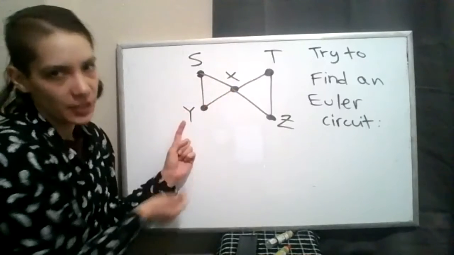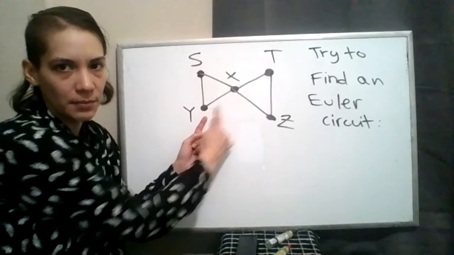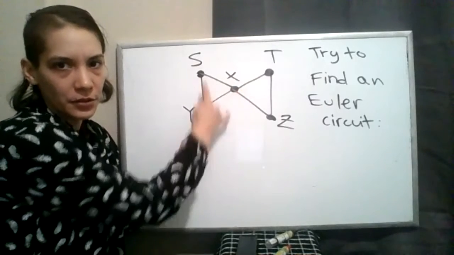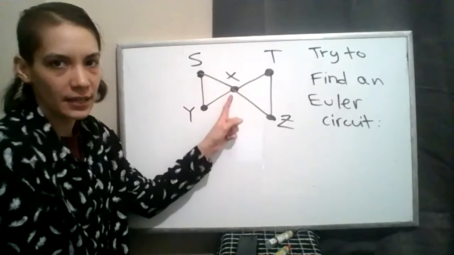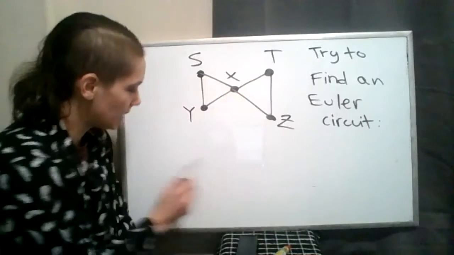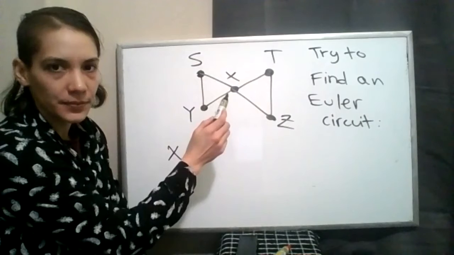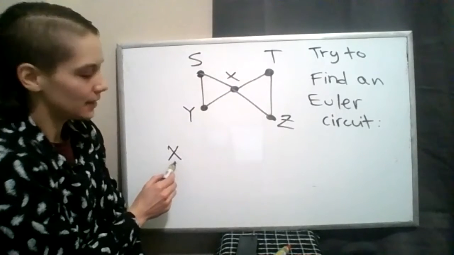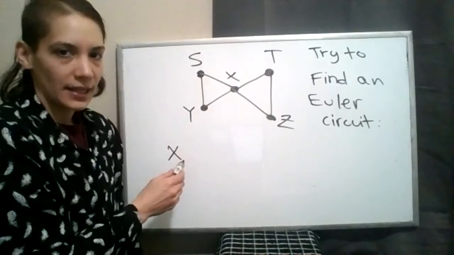If I start at Y and do the triangle, I'd have to cross back over or go around the triangle some more. So let's try starting with X. Let's see if we can take X around the graph and end at X. Start at X, travel around the graph, get back to X.